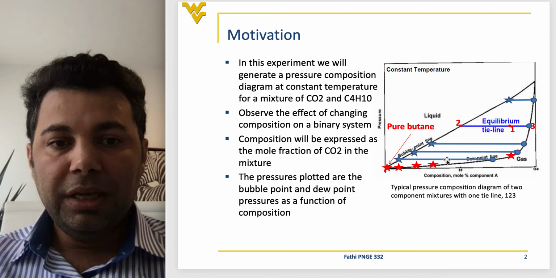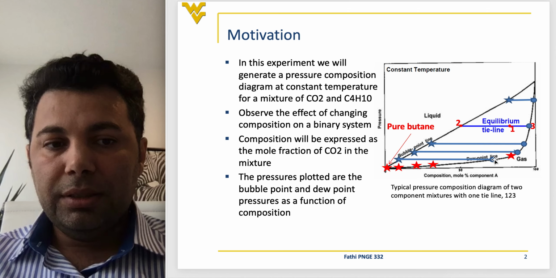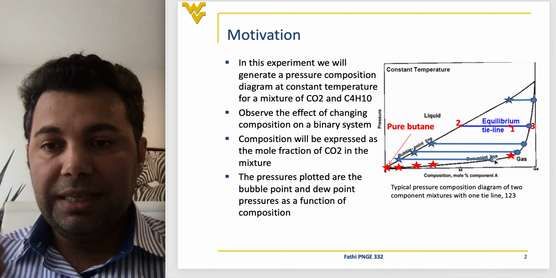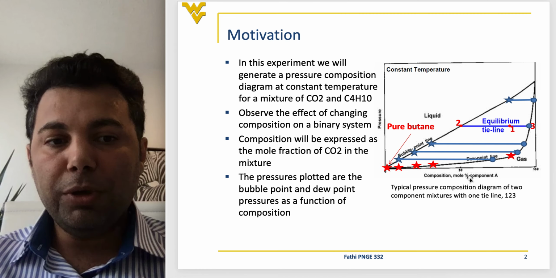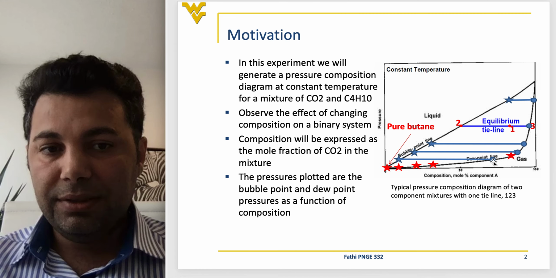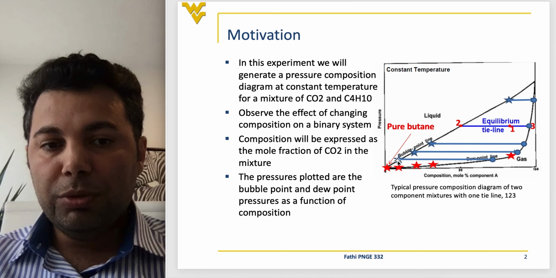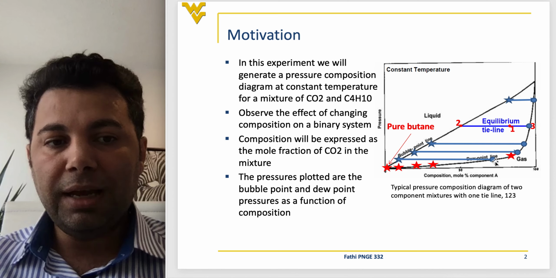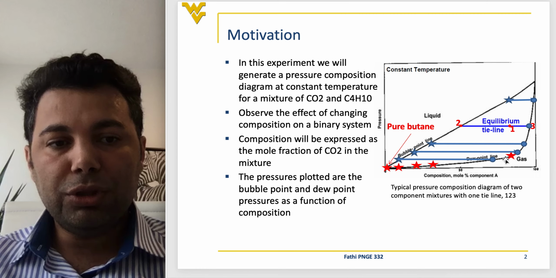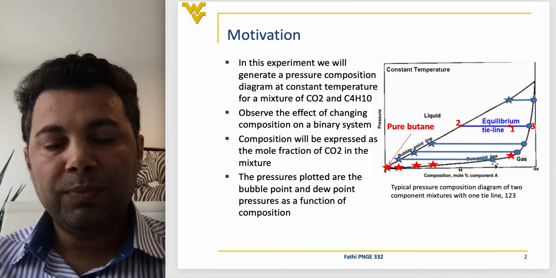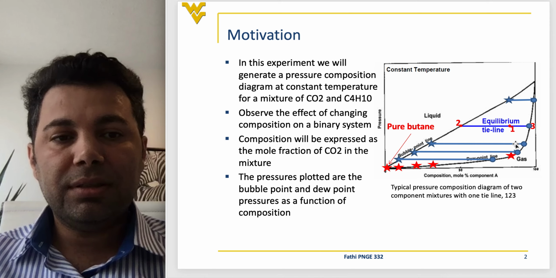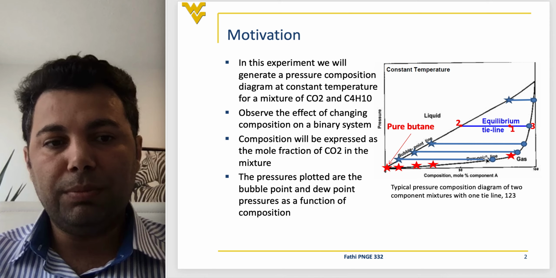It gives me the composition of the gas, so I know how much of component A I have in the gas phase. It also gives me how much of component A I have in the liquid phase. So I will have the blue star on the bubble point line, and the blue dot on the dew point line. Instead of using these stars to generate the dew point line, I'm going to use these blue dots to generate the dew point line. When I do that, I will have this saturation envelope of a mixture of 2 components.